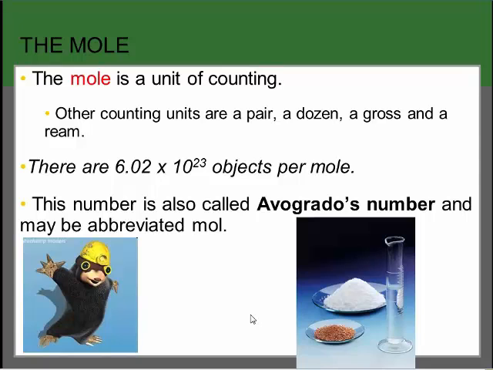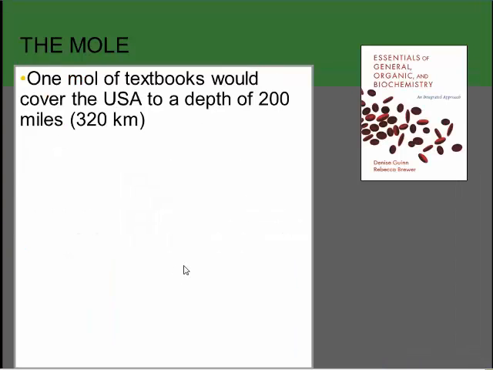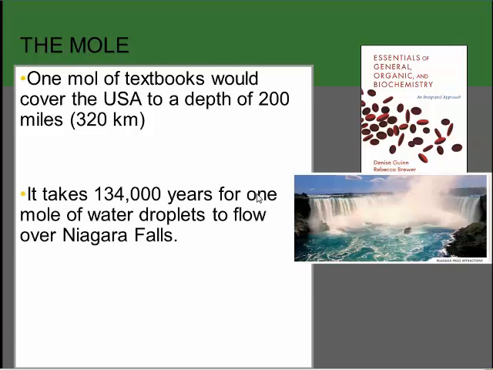So the same number of objects will have a different amount of mass because each individual object weighs different. So just to get an idea of how much the mole is, if we had a mole of textbooks, if we all had the hard copy text for our Essentials of General Organic and Biochemistry, it would cover the entire USA to a depth of 200 miles. So we'd cover the entire surface of the US, and we'd build that layer up to 200 miles thick.